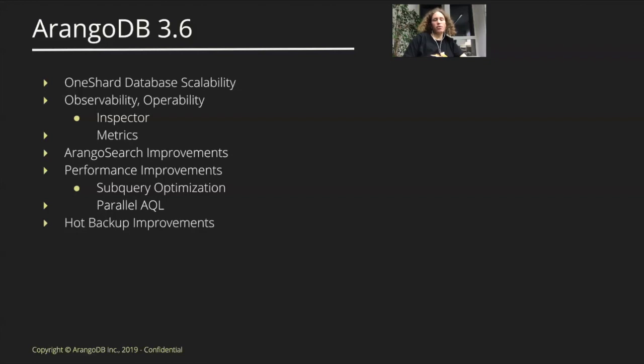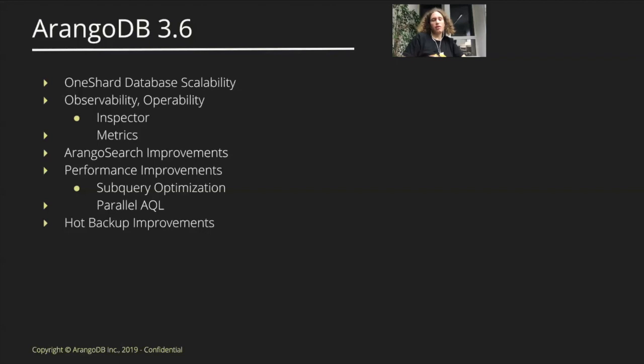We had a number of search improvements, so also some leading up to this fuzzy search, which is a theme in 3.7, but also around document materialization, leading to large performance improvements. And also in general, we had a number of performance improvements, especially around subquery optimization.